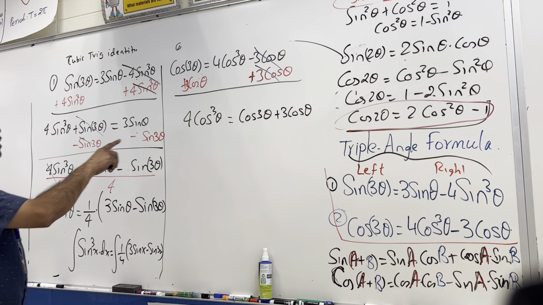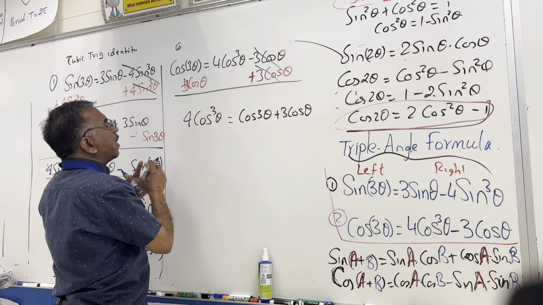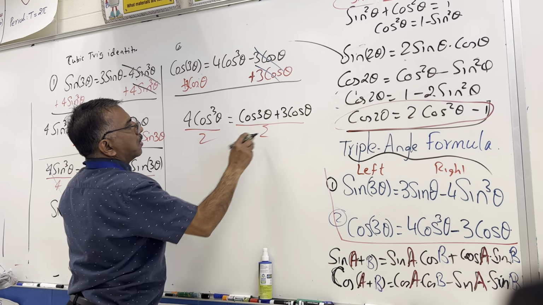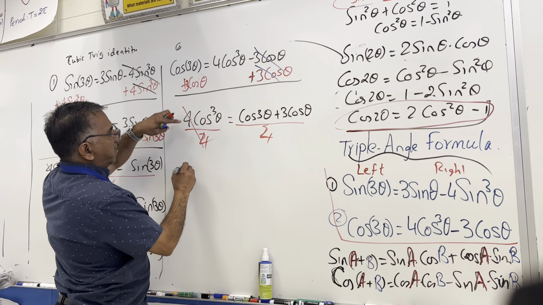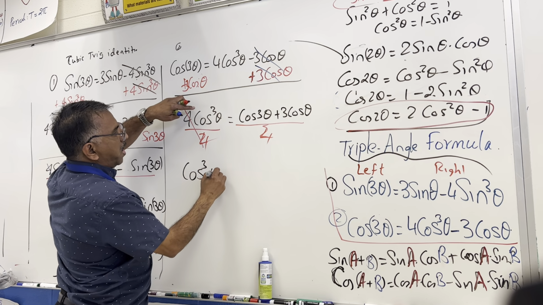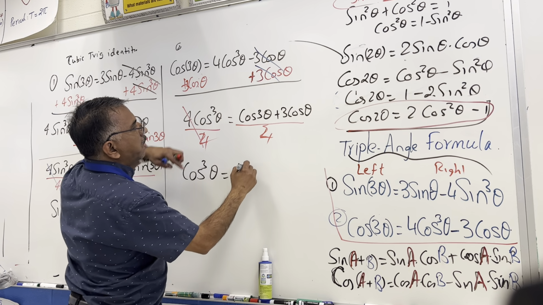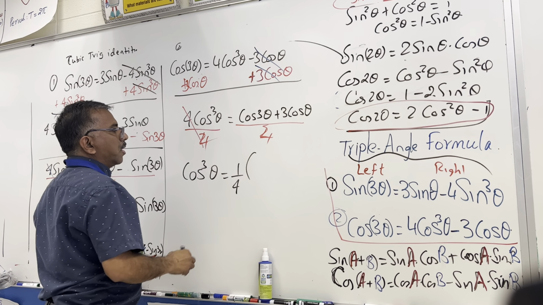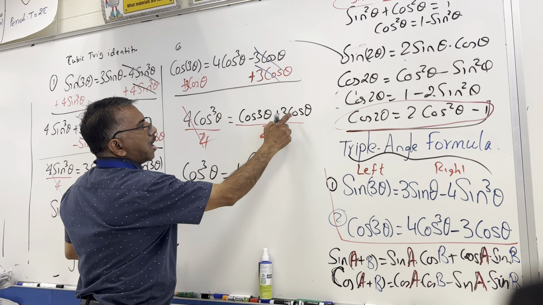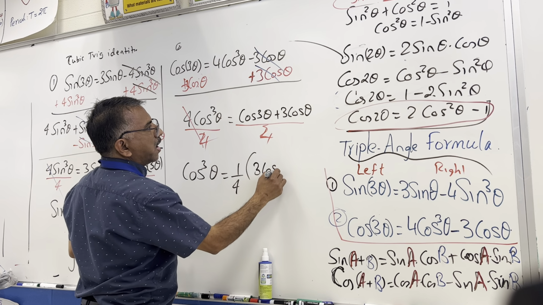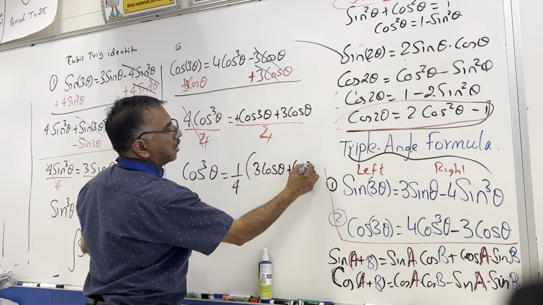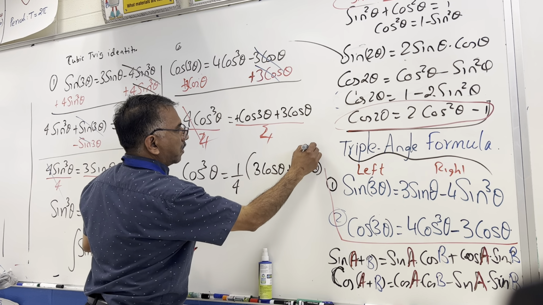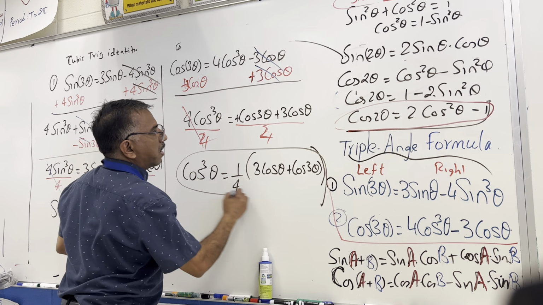Then the cos cube becomes equal, so divide by 4. You get cosine cube theta is 1/4 of 3 cosine theta, and then plus cosine 3 theta. Okay, and you're done.